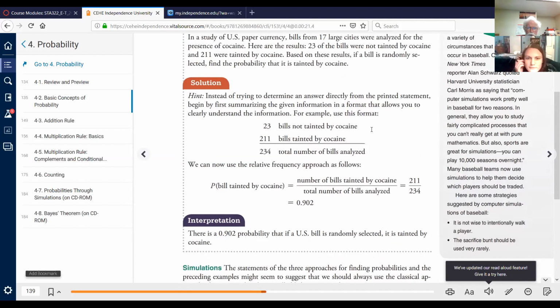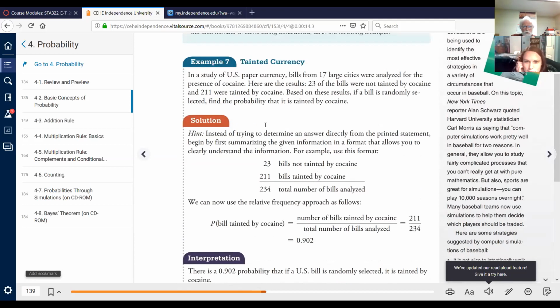One of the things, look at the data that you're being asked to, and this is interesting here. The paper currency bills from 17 cities analyzed for cocaine contamination.